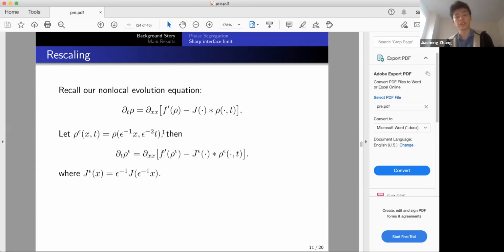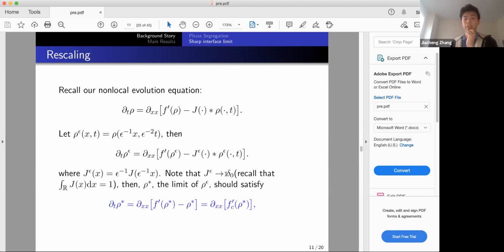after this rescaling, this PDE becomes much similar, but the only change is that rather than j, we have j epsilon, which is a rescaling of j, in the sense that, as Misha explained about the dense question, it becomes sharper, and it basically converges to a delta function.